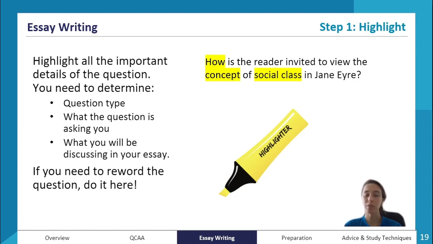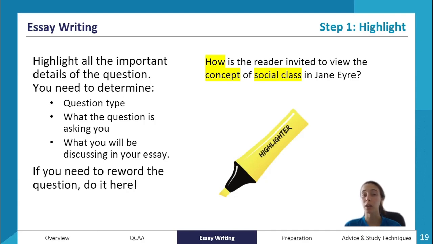And oftentimes you're going to have limiting scope words as well. Sometimes you may be asked to look at a character's relationship with another character, and it may specify that you need to be looking at their relationship to another male character, for example. That's a limiting word, because it's determining the scope.